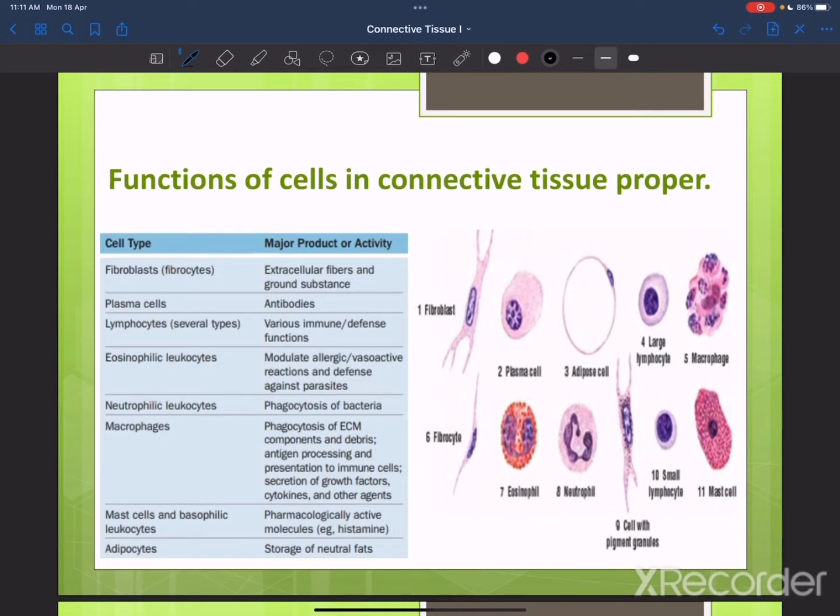Regarding the plasma cell, for example, it produces the antibodies. Lymphocytes participate in the immune defense system. And the macrophages are for the process of phagocytosis and the release of different cytokines, and many other functions. So it's important to study this table.